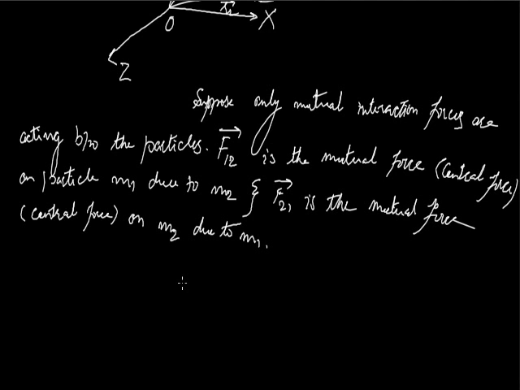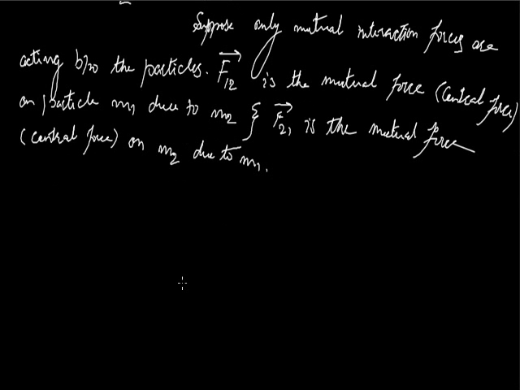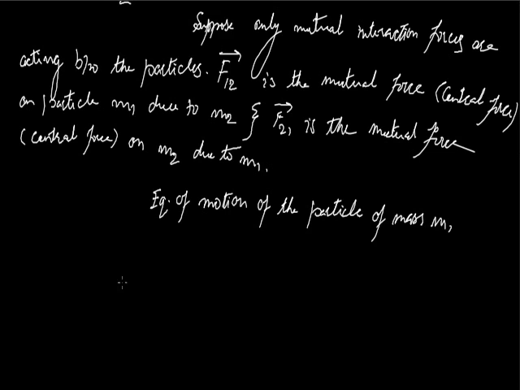Now the equation of motion of the particle of mass M1 will be M1 into d square r1 upon dt square, that is mass into acceleration, is equal to F12.